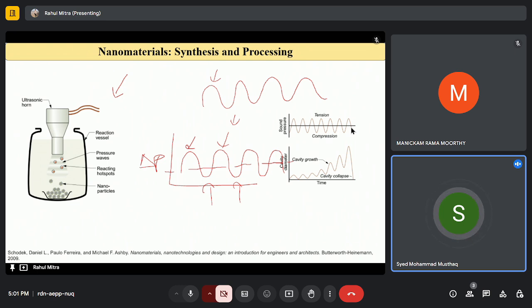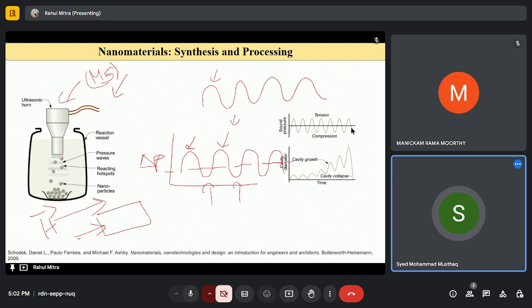There are different types of sources that we can use to produce sound waves. One is the magnetostrictive properties, where we apply a magnetic field that will produce magnetostriction. I will write it as MS. If we have a material and apply the magnetic field, let's say in this direction, then it produces a displacement because of the spins or the domains aligning accordingly.